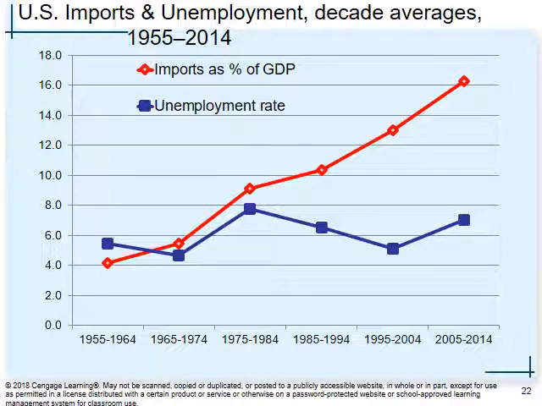As you can see, although the imports of the United States have increased over this period, the unemployment rate has not directly increased at the same time. So there is no direct correlation between imports and the unemployment rate.